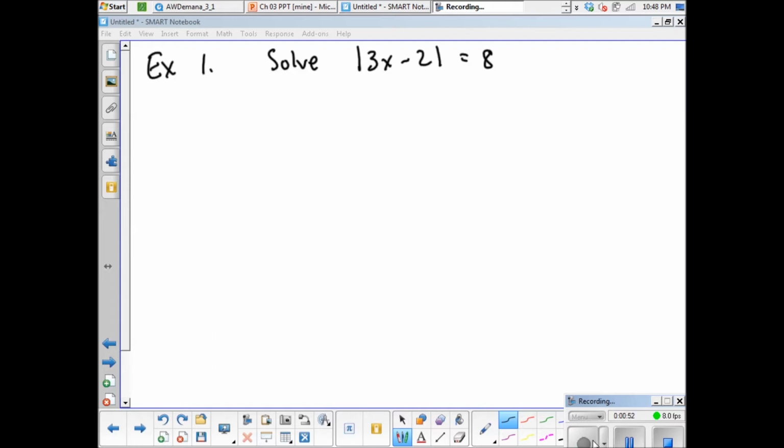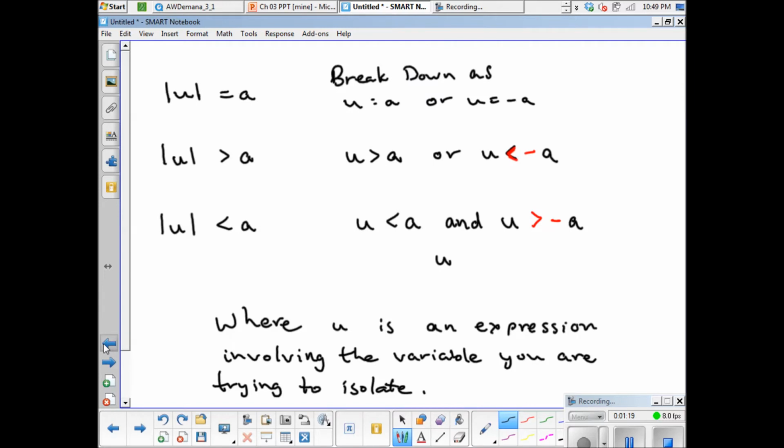Okay, the first example is solve the absolute value of 3x minus 2 is equal to 8. This is the expression I was telling you about, u. And then this over here would be your a. So now we're dealing with an equality problem. There's an equals here. So you're going to be breaking this up according to the first pattern. So let's go back and look at that real quick. It says here that if you're dealing with an equals a, you're going to be splitting it into two equalities.